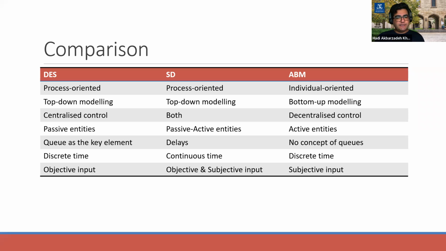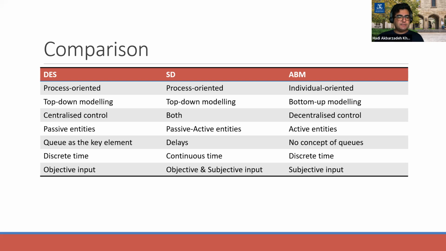And DES is more about passive entities. So actually something that has happened in the past, based on the data collected, we do the modeling. In agent-based modeling, we have active entities because those agents are active, they do some decision making by themselves. So we are focusing on what they do actively. System dynamics is something in between.